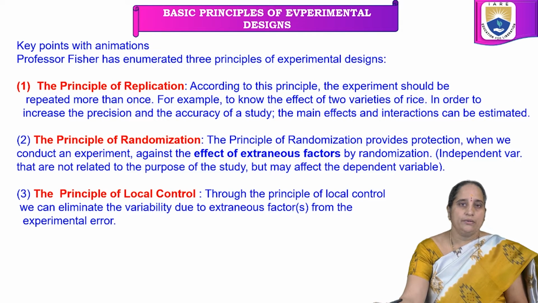So we continuously repeat the same type of treatment more number of times so that we can increase the precision and accuracy of the study, and the main effects and interactions can be estimated very easily with the help of the principle of replication.